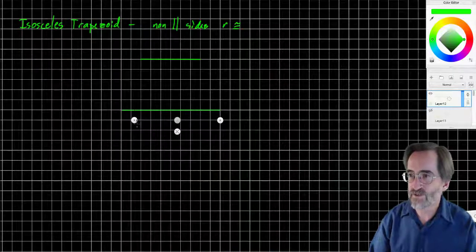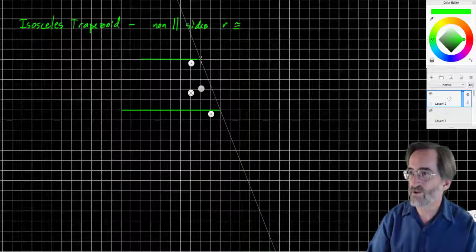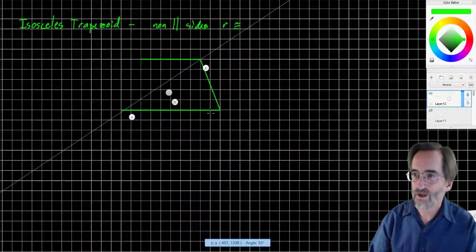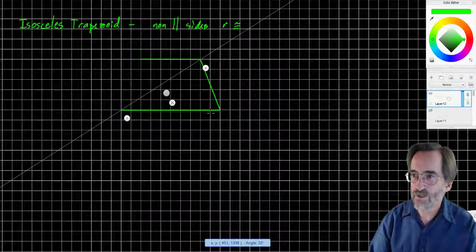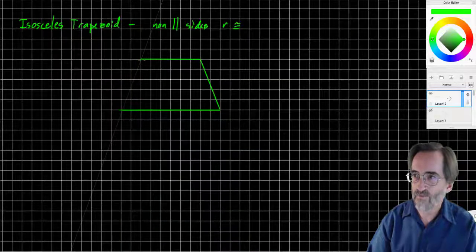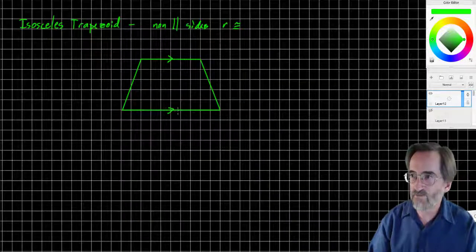And this is an isosceles trapezoid because the non-parallel sides are congruent. They're the same length. Okay. And we're going to say it's a trapezoid, so these two sides are parallel. It's an isosceles trapezoid, so these two sides are congruent.